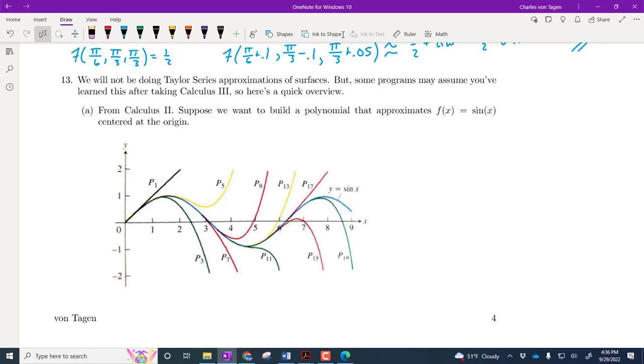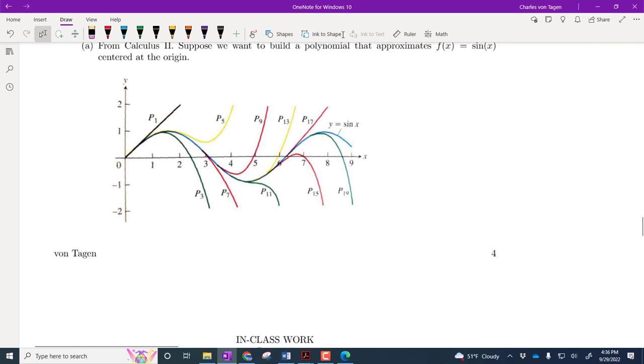In Calc 1 we learned how to fit a line to that blue function. That was the linearization that we did in Calc 1. But then in Calc 2, you realize you could do the Taylor series. You could approximate the sine of x with a Taylor series polynomial of degree 2.